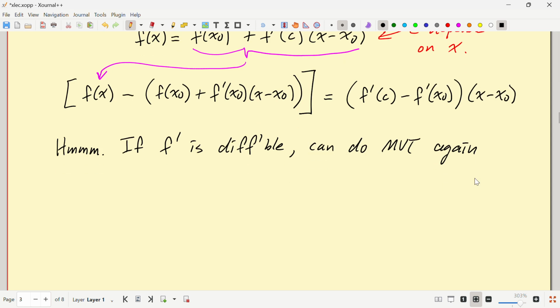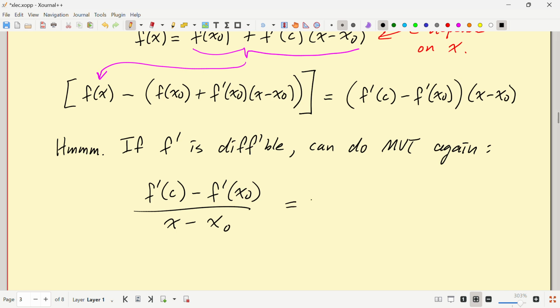It's f prime of c minus f prime of x naught over x minus x naught. That would be an f double prime of something. I need another letter. A, B, C, D. D would be between x naught and C.